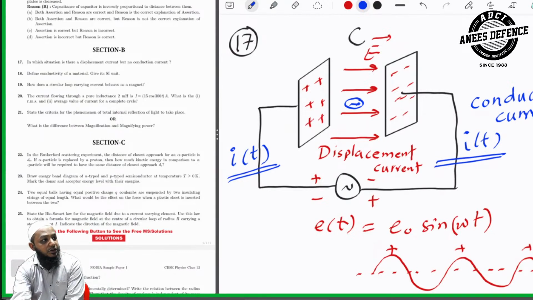Although there is literally no flow of charges, still something exists which looks like current, because it produces magnetism also. So changing electric field also produces magnetic field. So whatever a current is doing is done by the changing electric field.